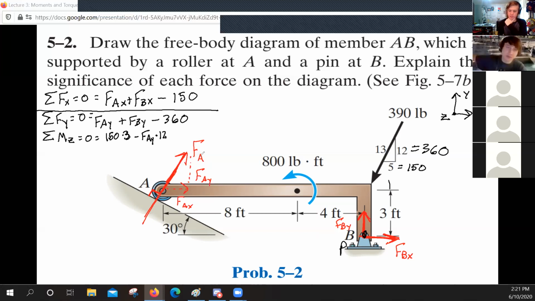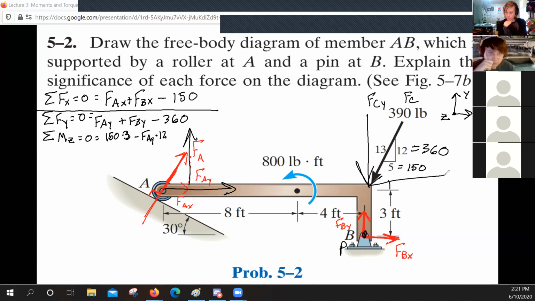So infinitely. You see how there's FA of y here, there's FAX here. We'll just call this FC. So FC of y here and FC of x here, right?